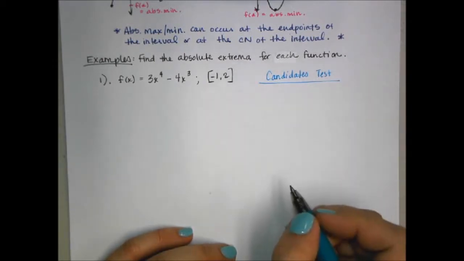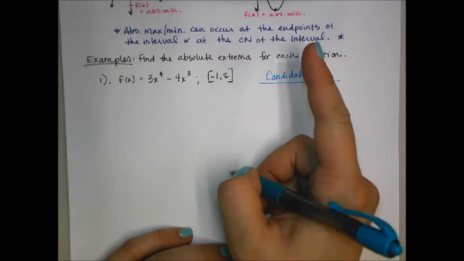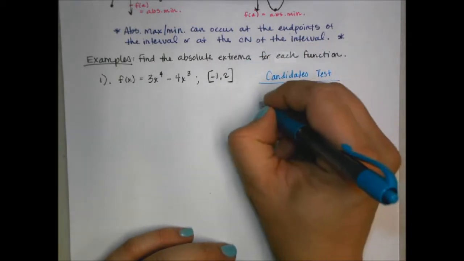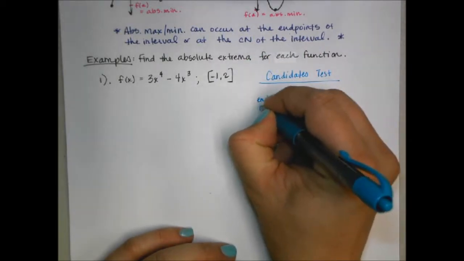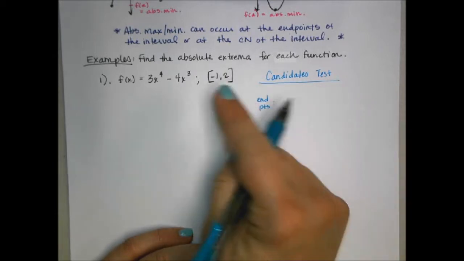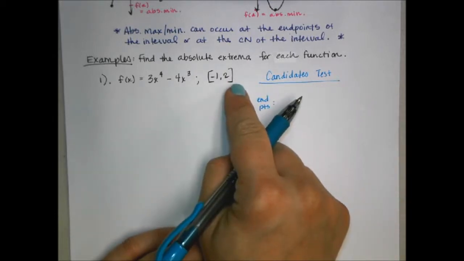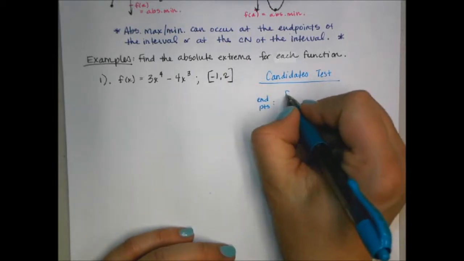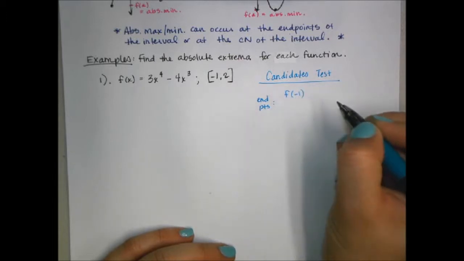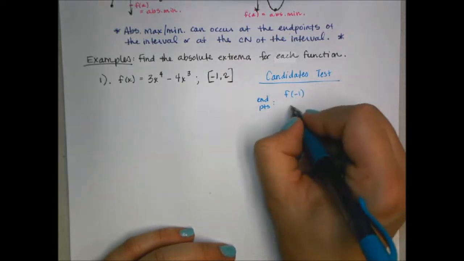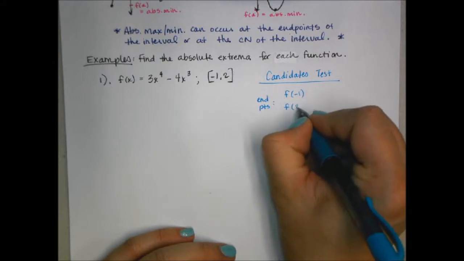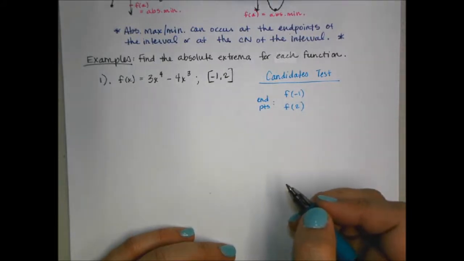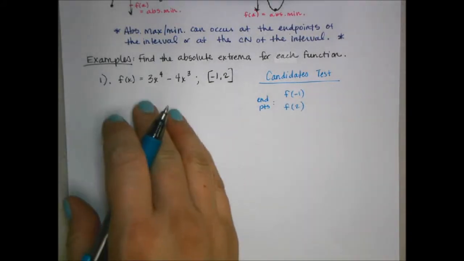Okay, so again, there's the 2 categories. There's the endpoints and the critical numbers. Now the endpoints, we already know. The endpoints are -1 and 2. So we have to test these values. So we're looking for the highest y value and the lowest y value. So I need to find f of -1 and f of 2. These just go right back into the original function.